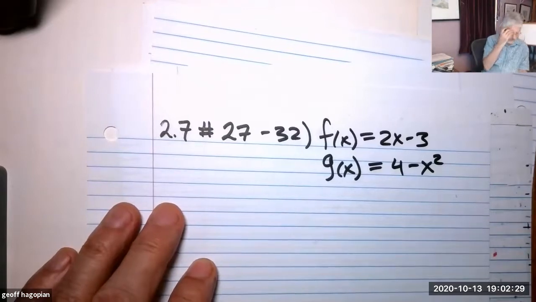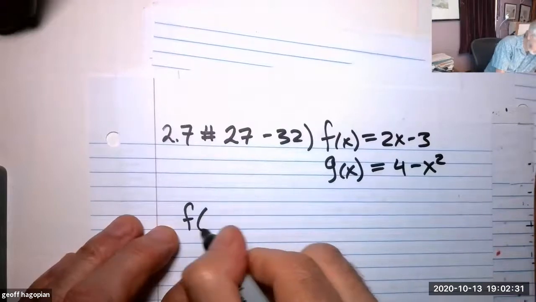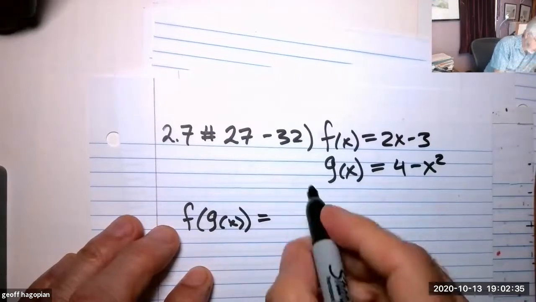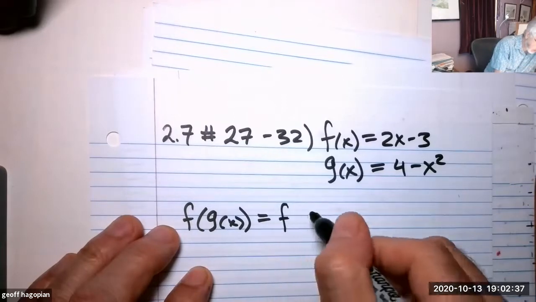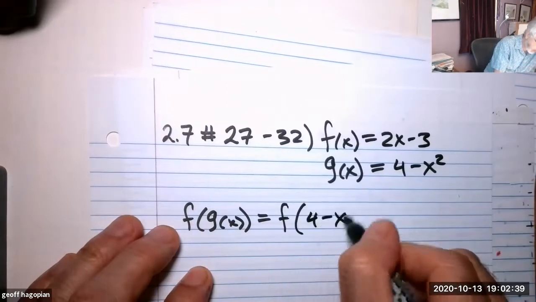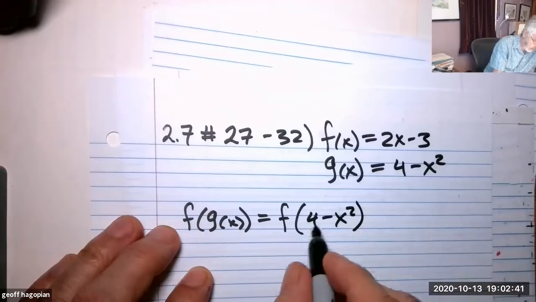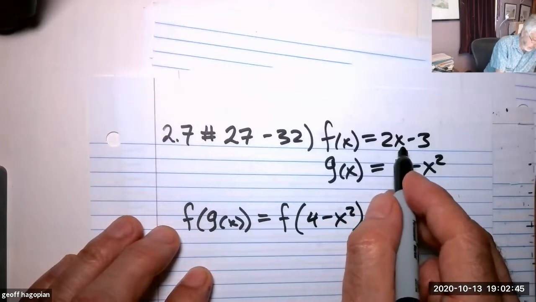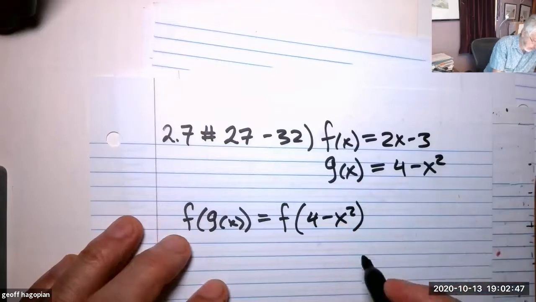But is that what we want to do? Well, let's compute f of g of x. I just substitute for g of x, 4 minus its formula, right? And then do to that what f says to do to its input. f says multiply the input by 2 and subtract 3 from that product, right?